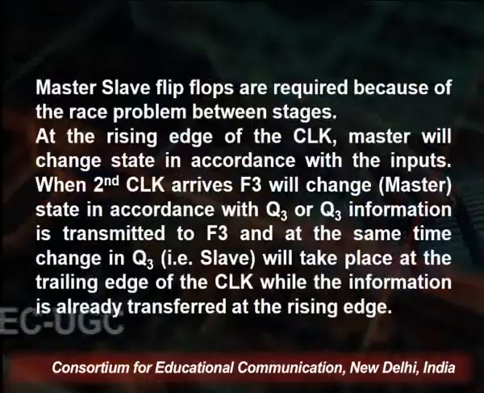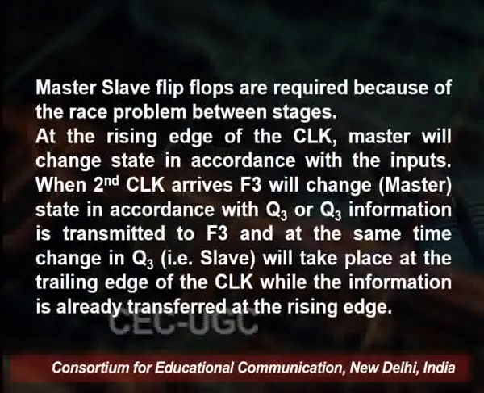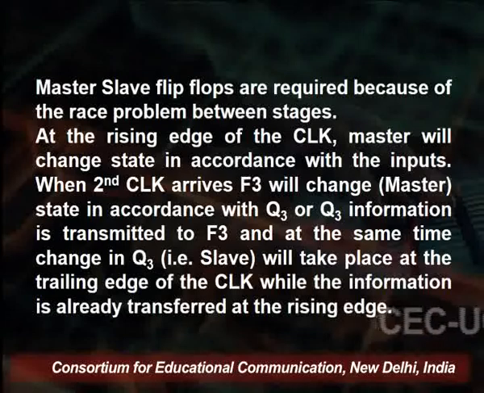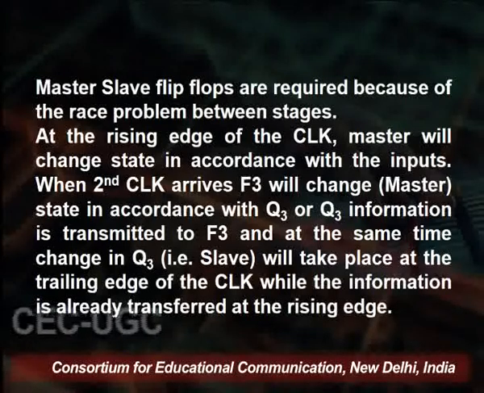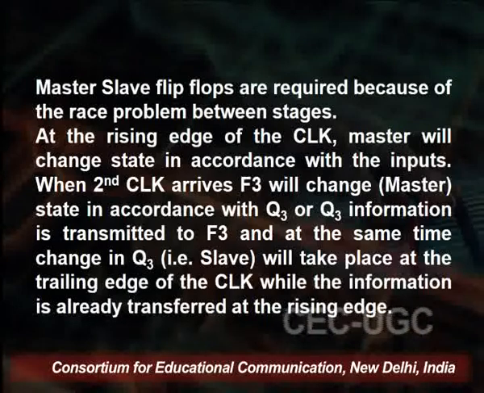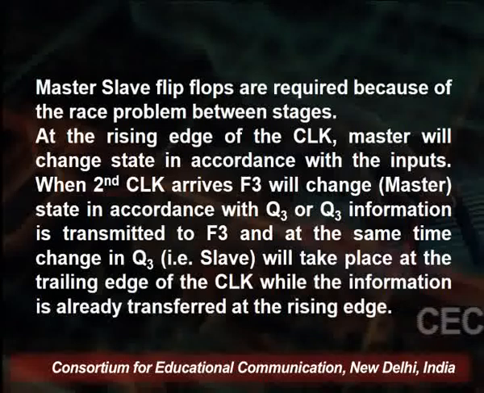So in this case, again, master-slave flip-flops have been used because there might occur a race around condition between the stages. At the rising edge of the clock, the master would change the state in accordance with the inputs, whereas when the second clock arrives, the other flip-flops would change.